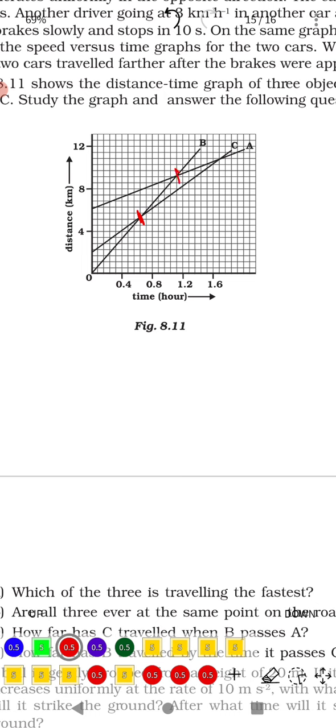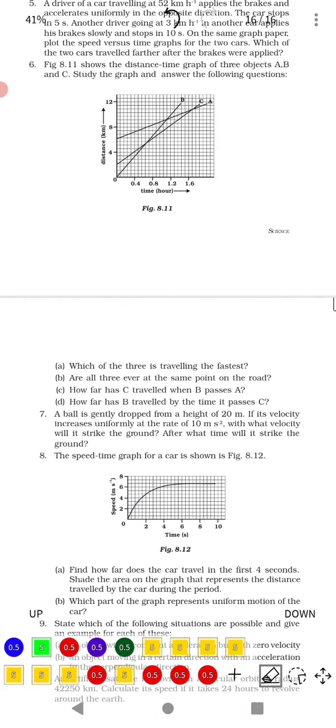If you consider this point, then here A and B are intersecting. This point, A and C are intersecting, but these three together are never intersecting. So that is why we will say that they never meet. All three never meet at any point on the road.